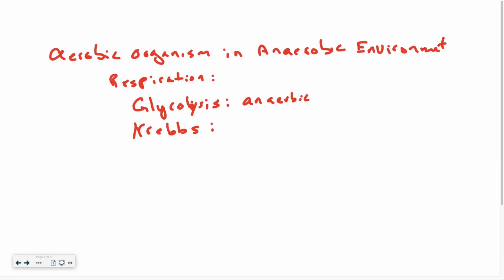What's the third step? Where do we go from the Krebs cycle? Electron transport. Electron transport system. That needs oxygen. Oxygen accepts the electrons, and gets converted to water.